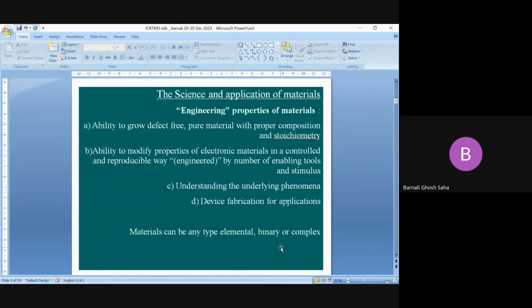And we have to be able to modify the properties of electronic materials in a controlled and reproducible way. That is, you have to engineer the properties by enabling tools. And then after doing all these things, we have to understand the underlying phenomena, and then we have to do the device fabrication for application. And the materials can be any type, elemental, binary or complex.